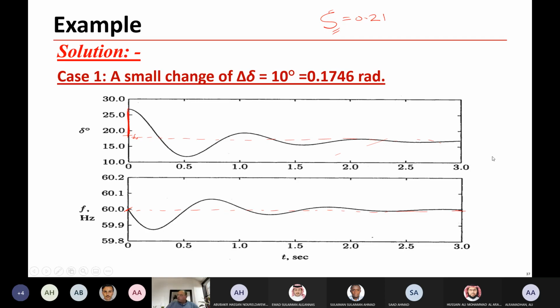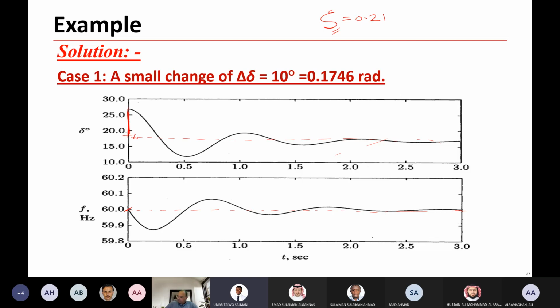Okay. Umar Salman. Yes, Umar Salman. Doctor, yes, apart from the fact that we can obtain these plots, what is the significance of those equations?